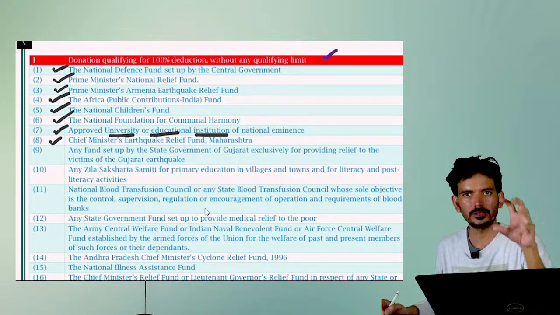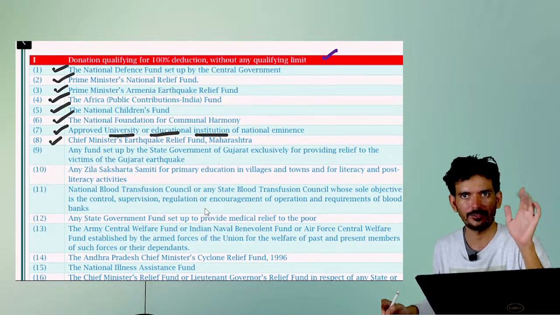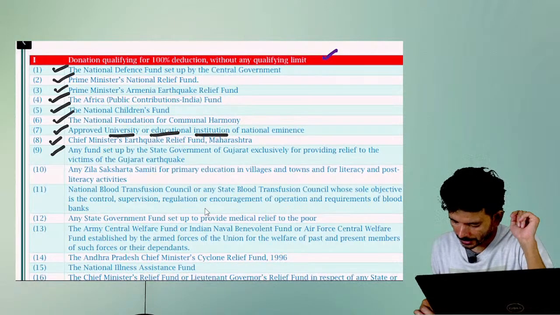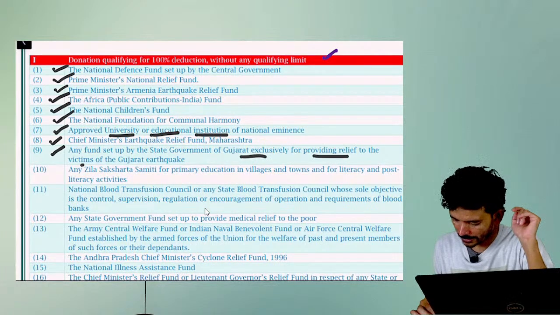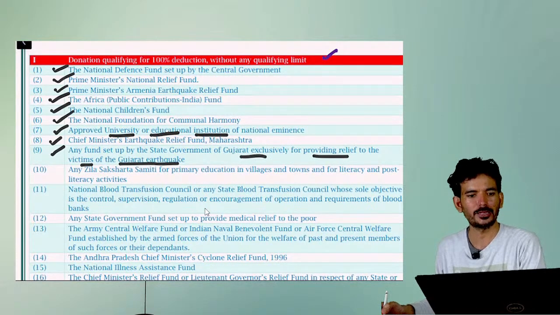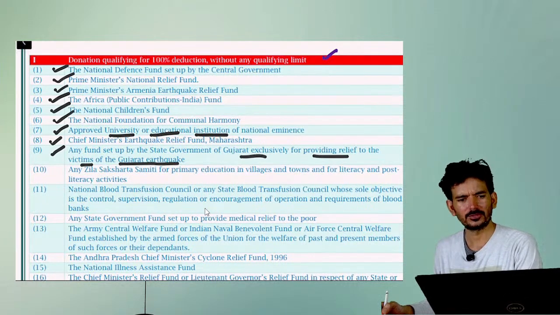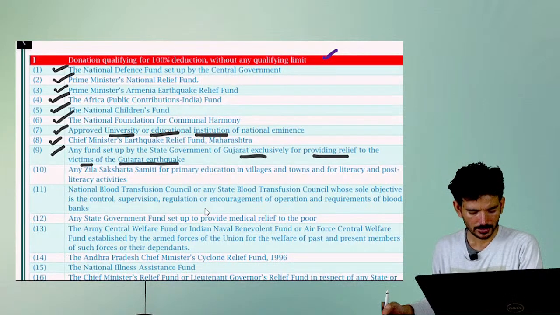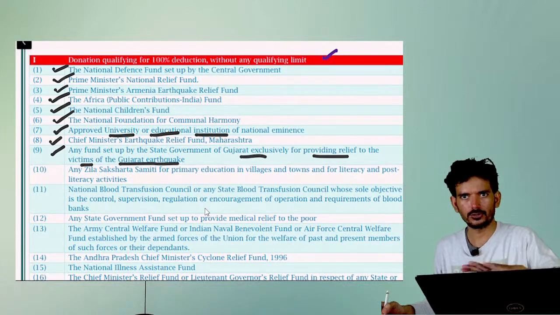So they might have given this effect, but it is not for everyone. Any fund set up by the state government of Gujarat exclusively for providing relief to the victims of the Gujarat earthquake. The earthquake happened in Gujarat, I don't remember the year, so for Gujarat also it's given.